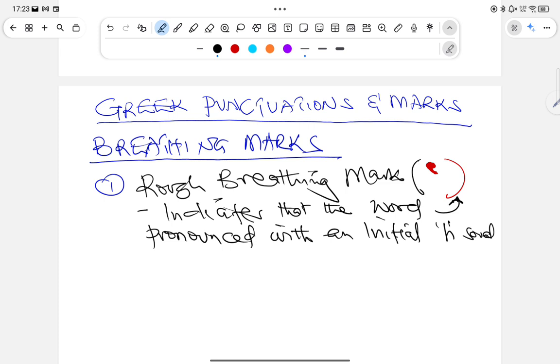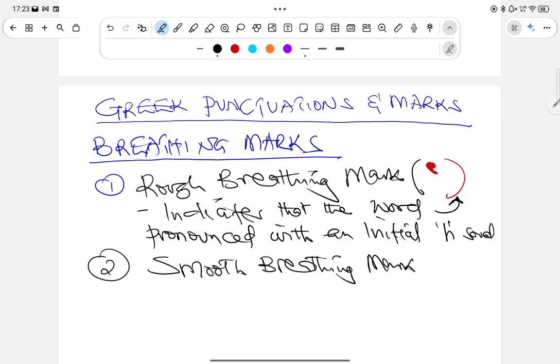Then, number 2, the second type of breathing mark is the smooth breathing mark. The smooth breathing mark is the one that is written like the normal apostrophe. You notice the rough is the opposite, facing the opposite direction, while the smooth is facing the direction of the apostrophe.